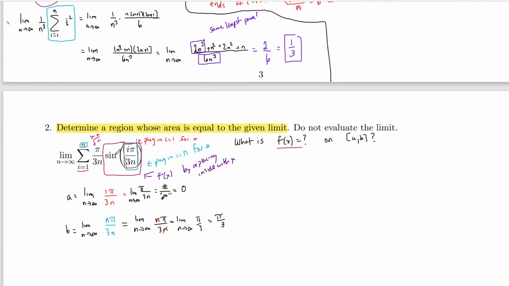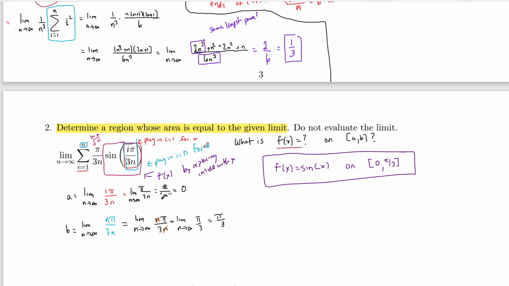But what you can really do is just say this is going to be x, with the exception of if you see any weird exponents or something in here, then maybe not. But there's nothing going on. This is just b minus a over n. So f of x equals sine of x. And what this is representing then is the area under the curve of f of x equals sine of x on the interval 0 to pi over 3.